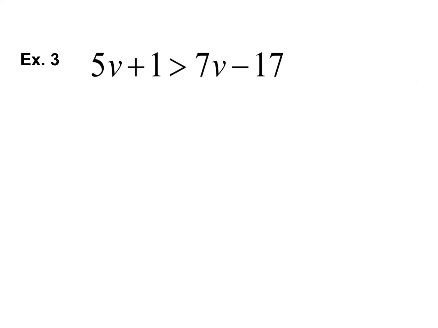Let's go to example number 3. And this time we're actually going to solve for v. First step, we're going to subtract 5v on both sides of the inequality. We have 1 is greater than 2v minus 17.